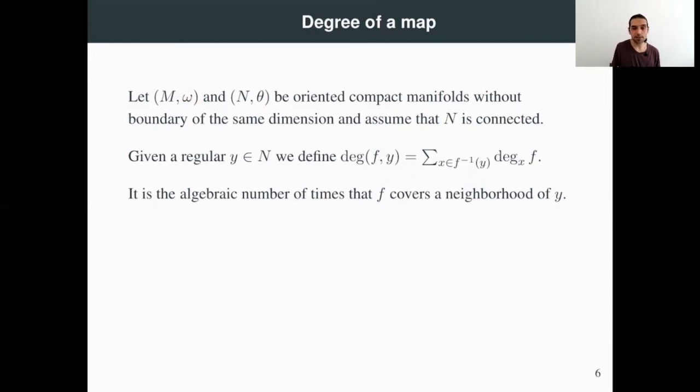Instead of just counting all the preimages of y, we give a positive weight, equal to 1, to those points in the preimage in which the map f locally preserves orientation, and we weight with -1 those points in which f locally reverses orientation.